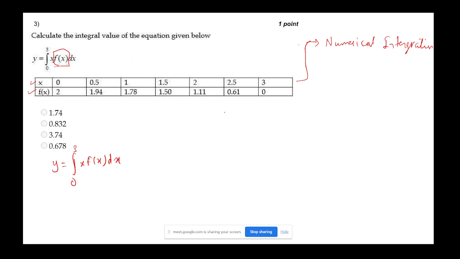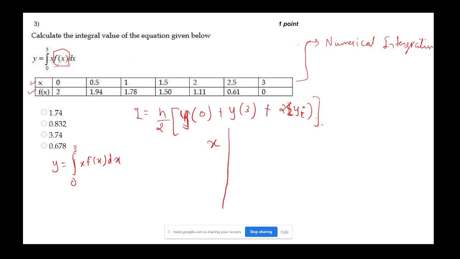If you want to apply the trapezoidal method, let's first make the columns. What is the trapezoidal rule? The integral will be h by 2 times (y at 0 plus y at 3 plus 2 times the summation of the yi's). So you will have to make one table.